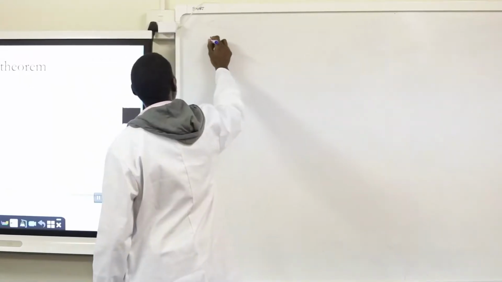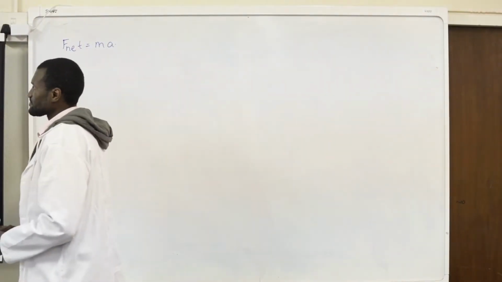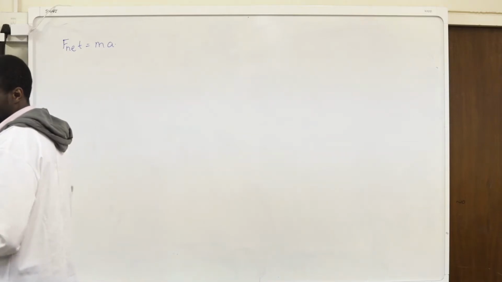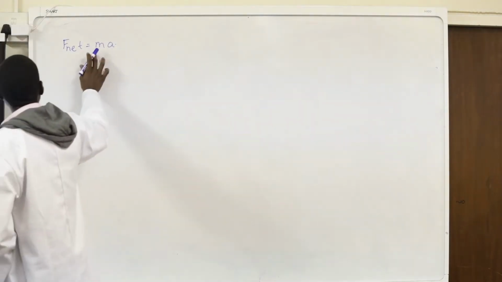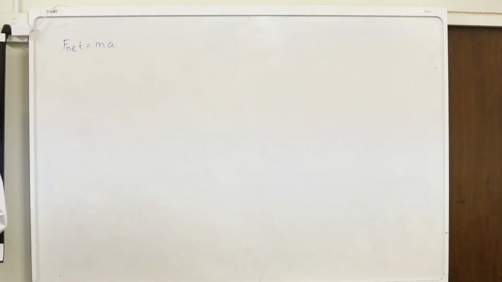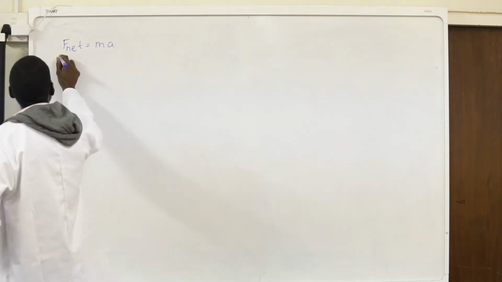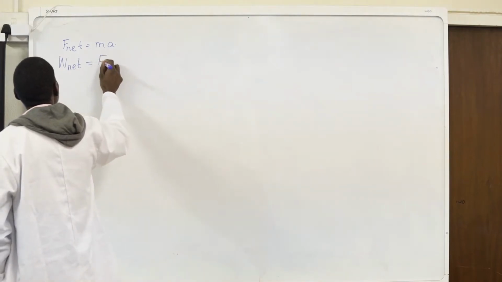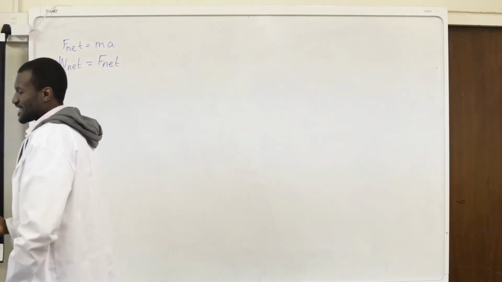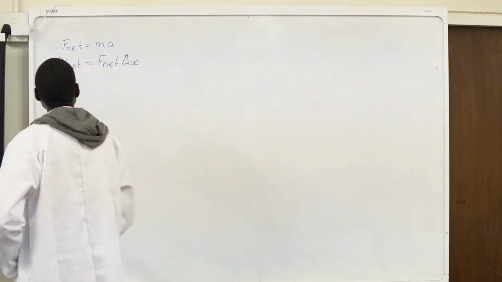If we look at F net being equal to mass times the acceleration, we can consider a situation where W net, work done by net force, is equal to F net multiplied by the change in the distance.